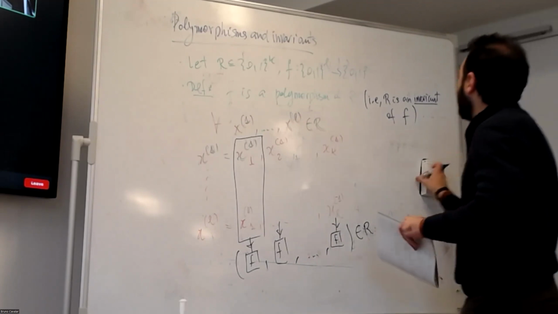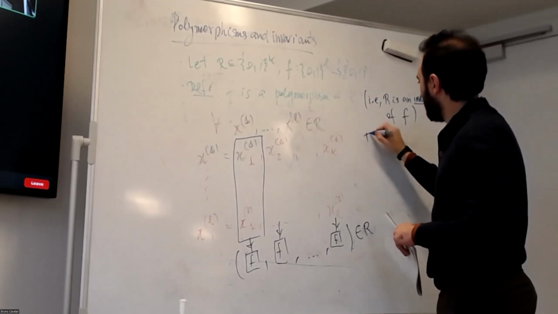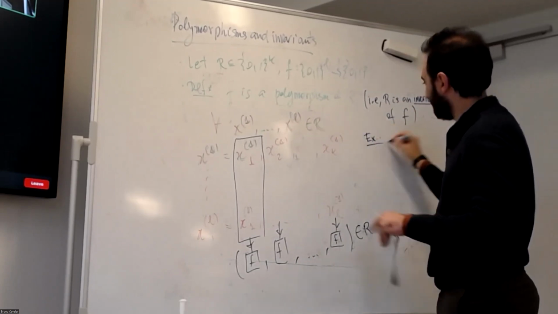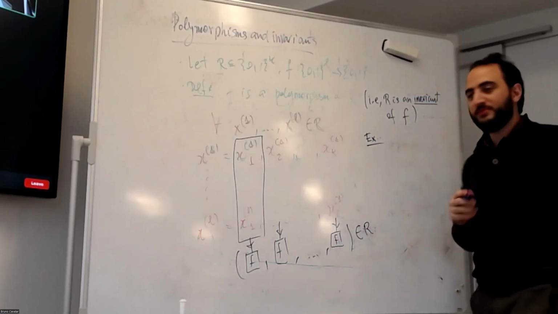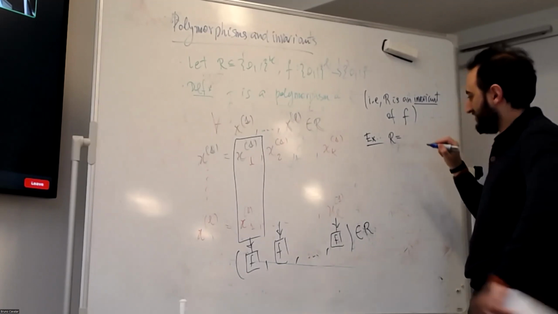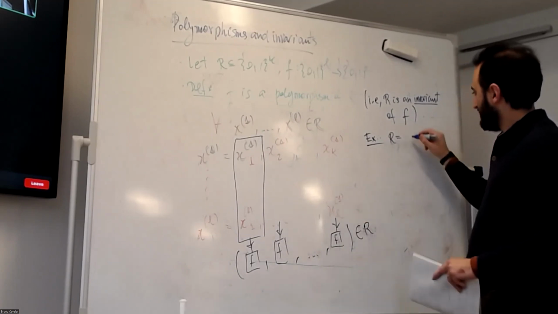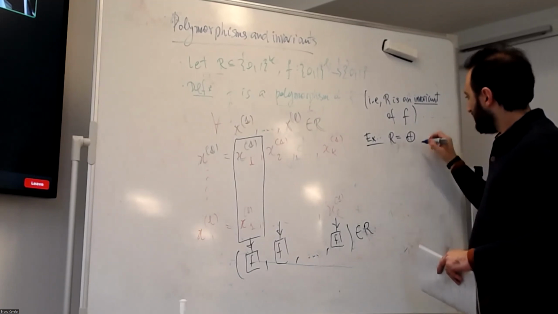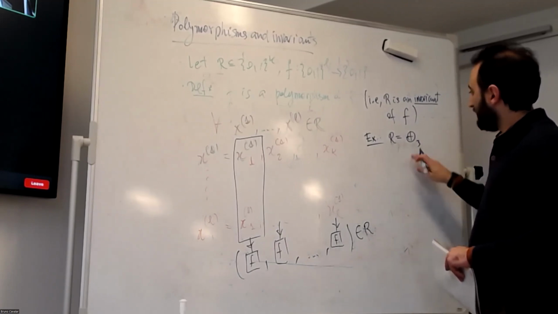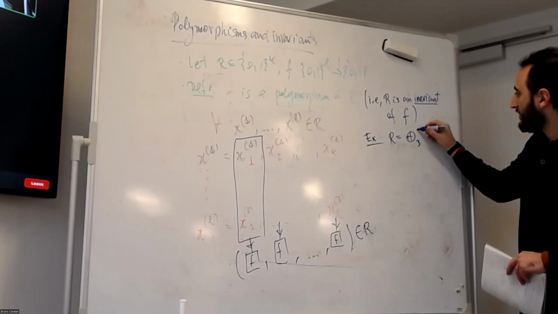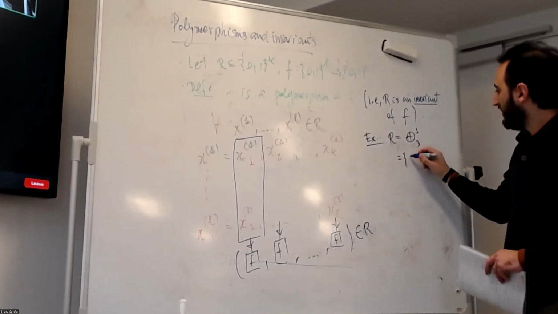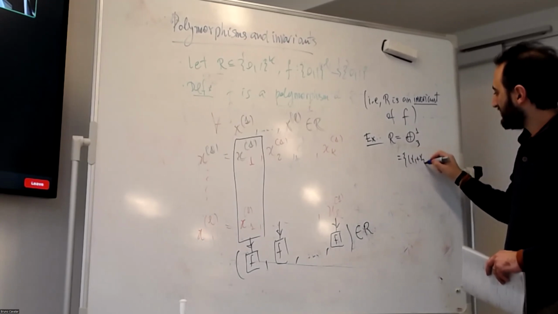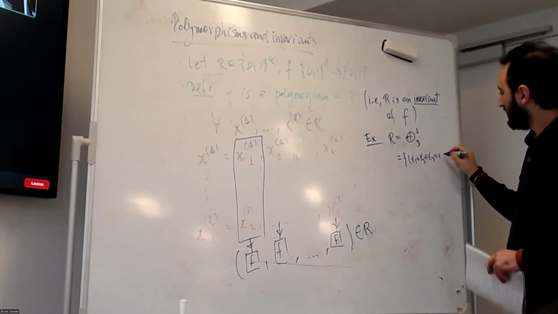So an example is if you have linear systems, so R is just as we had before, let's say parity, arithmetic, and equal 1. So this is really those that satisfy x1 plus x2 plus x3 equals 1 mod 2.